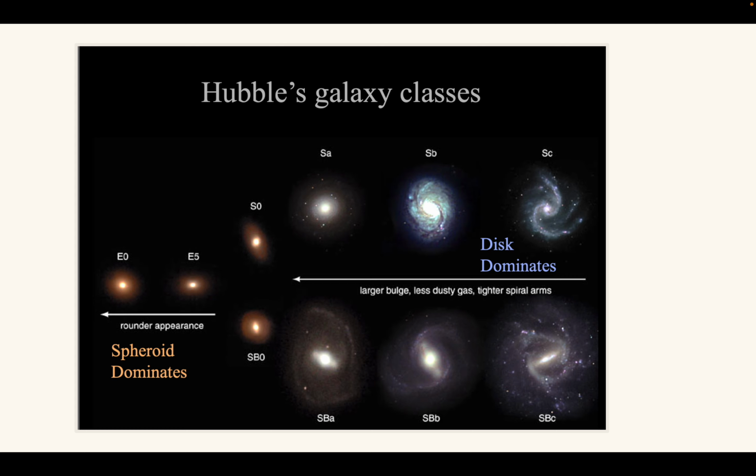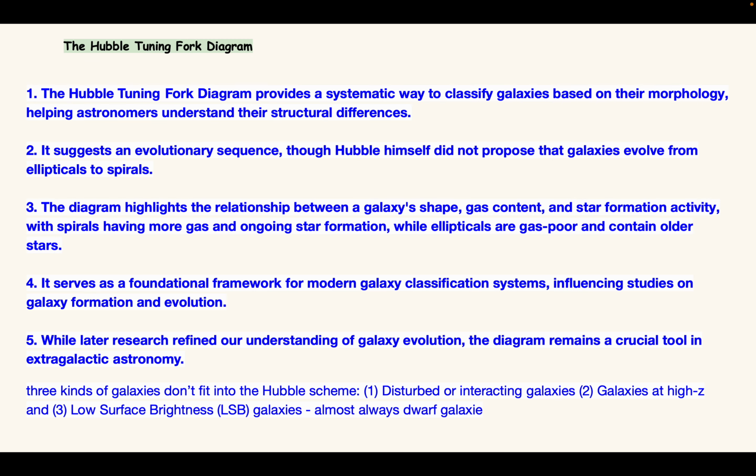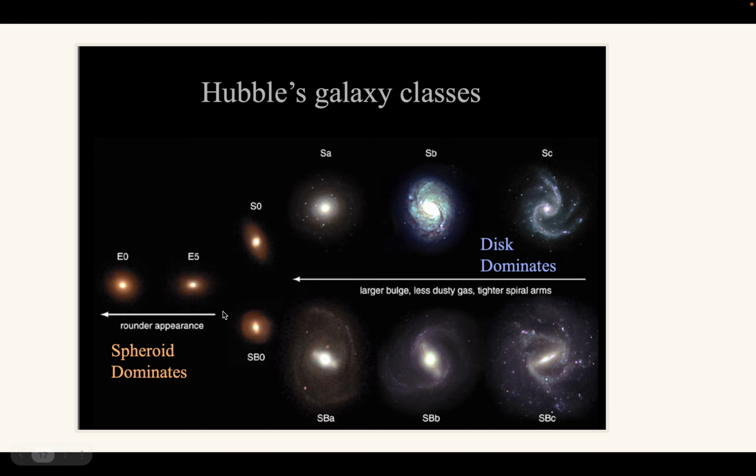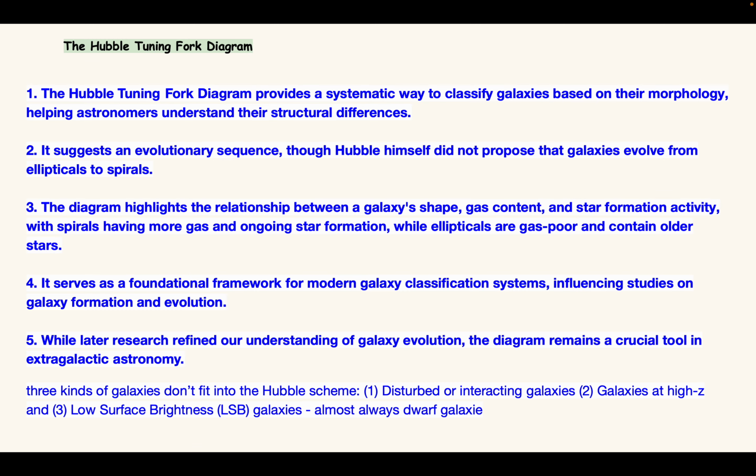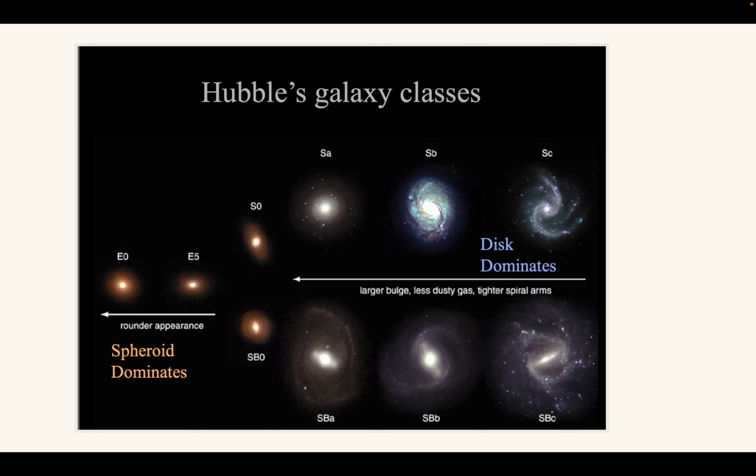The spiral galaxies in the two branches of this fork have more gas and ongoing star formation, whereas at the base of the fork you can place the elliptical galaxies, which are gas poor and contain older stars. So the Hubble tuning fork classification classifies galaxies as elliptical or spiral according to their visual shape.